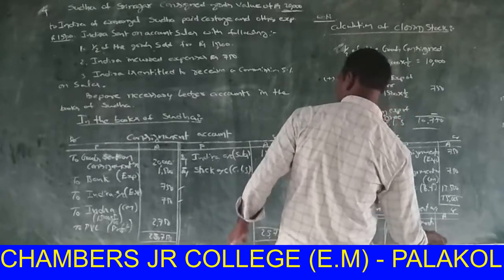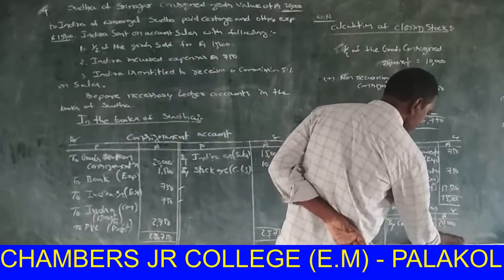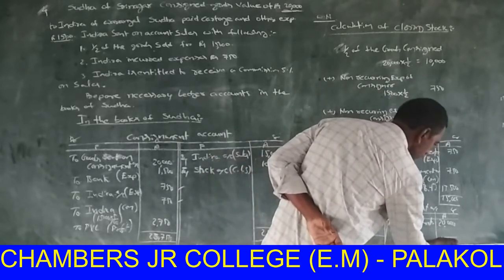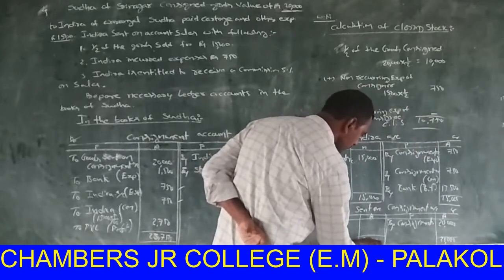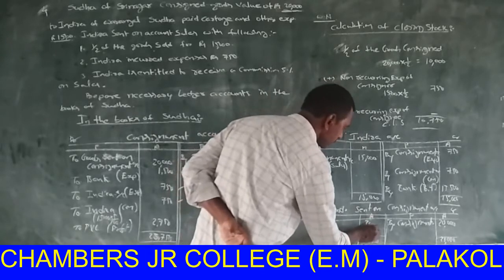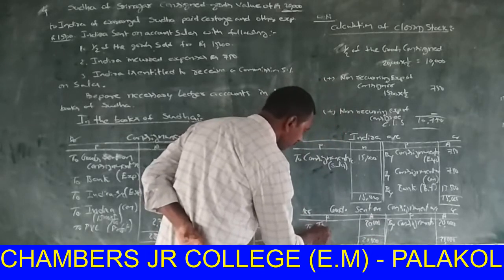Consignment account 20,000 rupees. The difference, 20,000, is transferred to trading account.